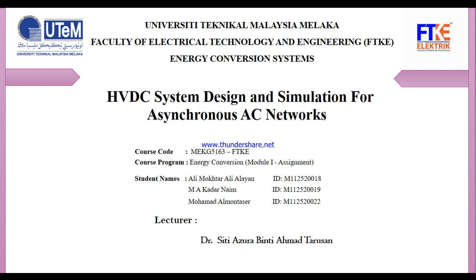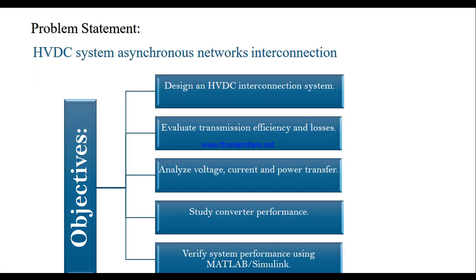Here we can see the objectives. The main objectives of our experiment are to design an HVDC interconnection system, evaluate transmission efficiency and losses, analyze voltage, current and power transfer, study static converter performance, and verify system performance using MATLAB Simulink.